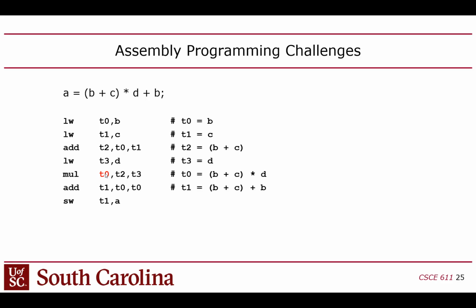I jumped the gun when I was recycling my T0 register. I recycled it too early because T0 was still technically alive, since I still needed B. When you make T0 the destination register, it doesn't do any checks, it just overwrites it, and then B is gone. It's not in the CPU anymore. It's still in memory, but it's not in the CPU anymore.